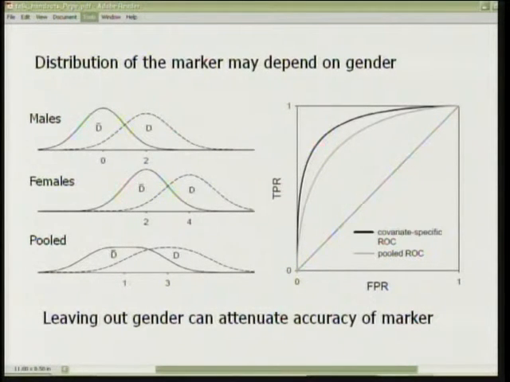Such that if you were to ignore gender and pool the marker values by disease and non-disease status, they'd be actually a little bit flattened, a little bit more spread out relative to what they are up here. And the consequence when you build an ROC curve, if you ignore what you know about the covariates, which is this pooled ROC here, is you get a gray curve that's actually down and to the right from where it might be if you were to take gender into account.